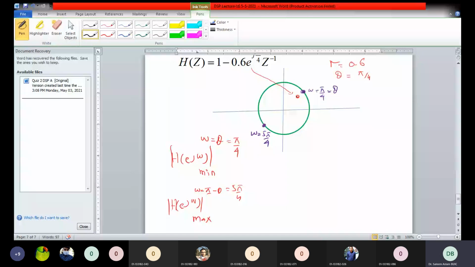This is vector R1, and what will be R2? From here to here, this is R2. So the minimum value would be the magnitude of R1 and the maximum value would be R2. The minimum value R1 would be 0.4, and the maximum value would be 1.6.